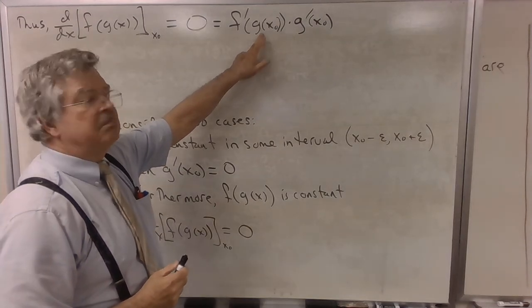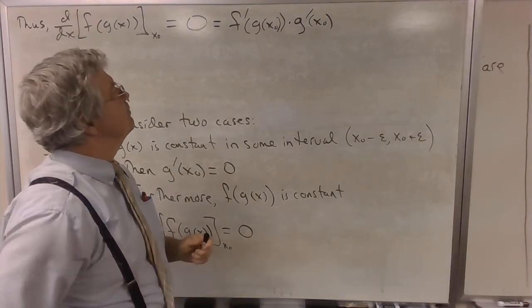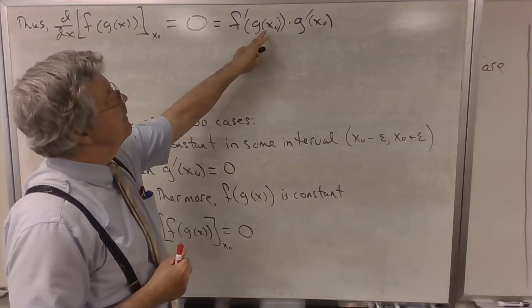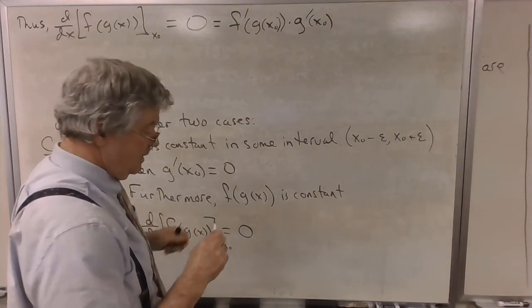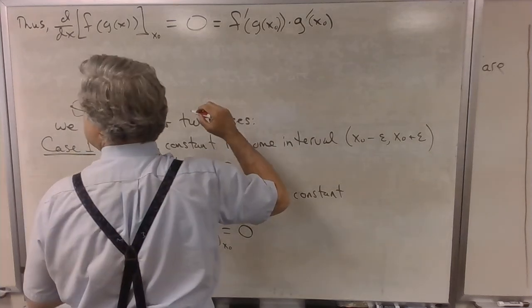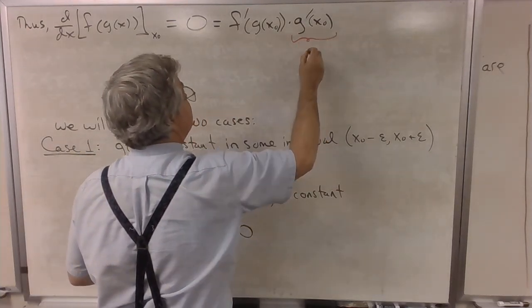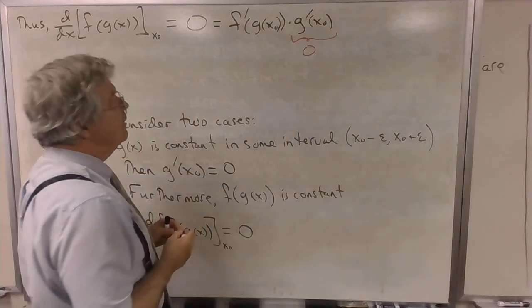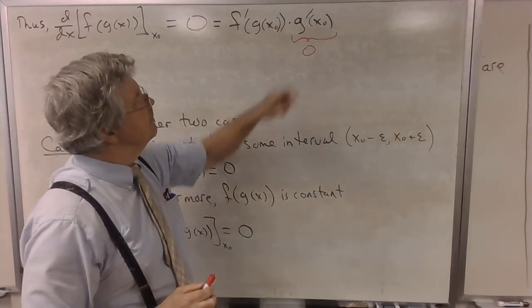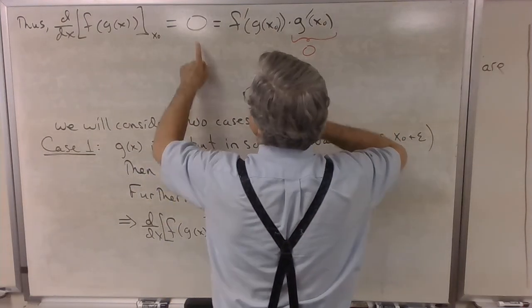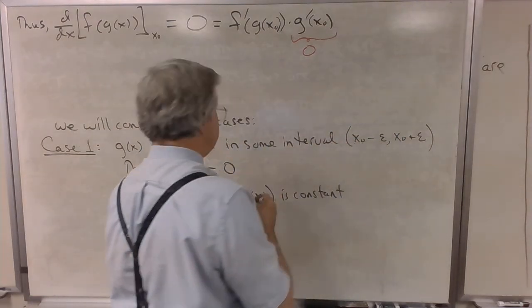Now this, I don't know what that is. This is the derivative of f evaluated at some constant. It's going to be a constant. I don't know what it is, but I do know what this is. It's 0. We have some constant times 0. So that's going to give us 0.